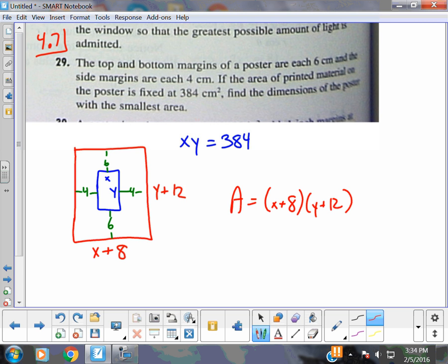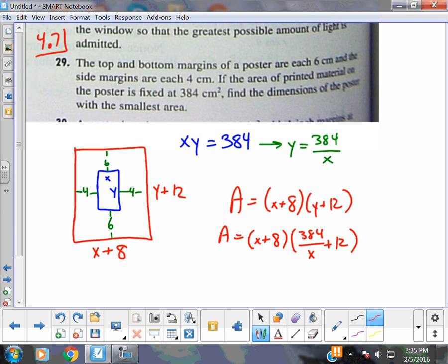But again, you get to this equation, you should say, I want to optimize A, but I have to have one variable on the right, I have two. So I need to pick a variable. I'm going to solve this for Y. You could have solved for X, I just picked it. I have no particular reason for picking that. And I get Y equals 384 over X.